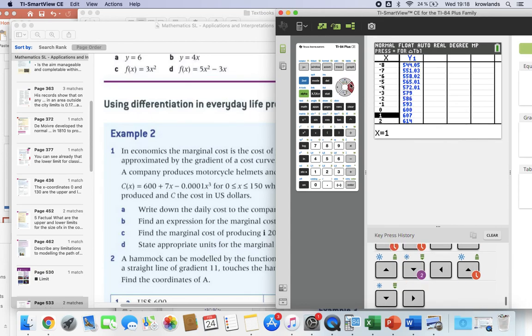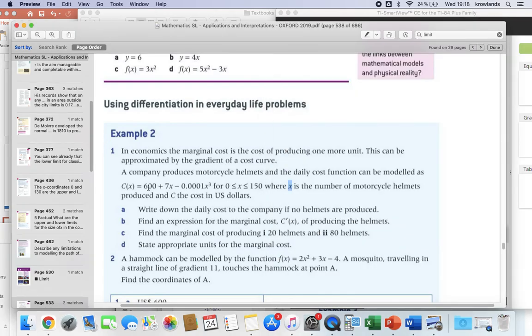So our answer is going to be 600. Now please note you could have done this without the calculator. If you take this particular function, you substitute in 0, 7 times 0, or any number times 0, make sure it disappears. This disappears, this disappears, and we're just left with a 600. So you could have done that in your head.